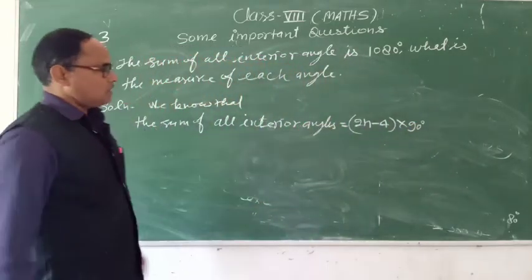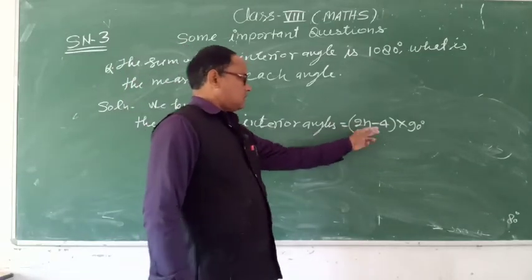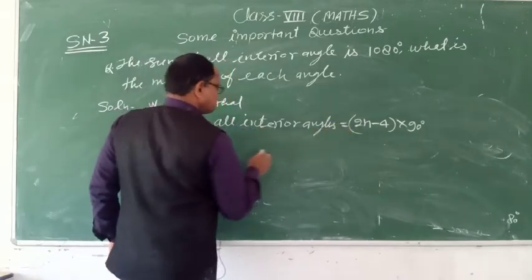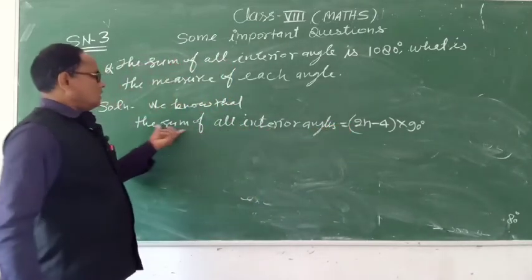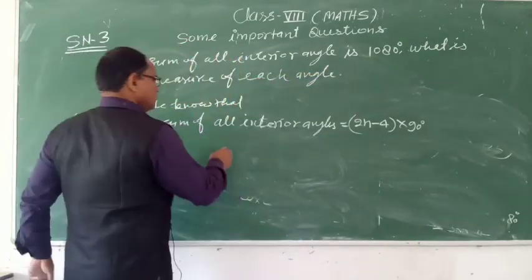This is the formula. On this basis we determine the sides of the polygon. Okay, here the sum of all interior angles is equal to 1080 degrees.